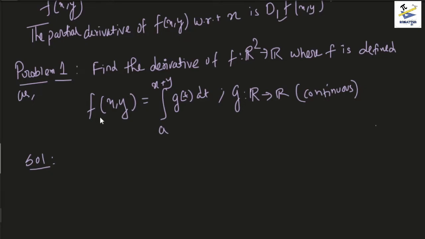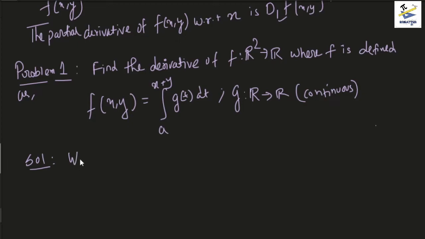Now how do we find the derivative of it? So it's no different than finding a derivative of a different function composed of x and y, and we can use our same methods to do that. So what we can do is as follows.